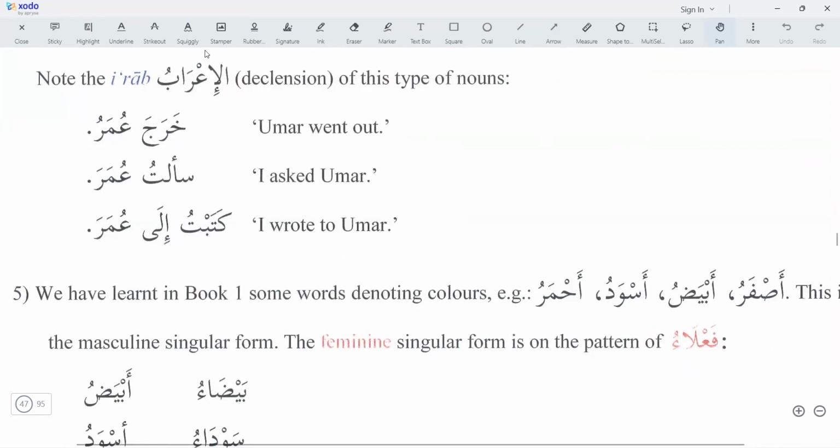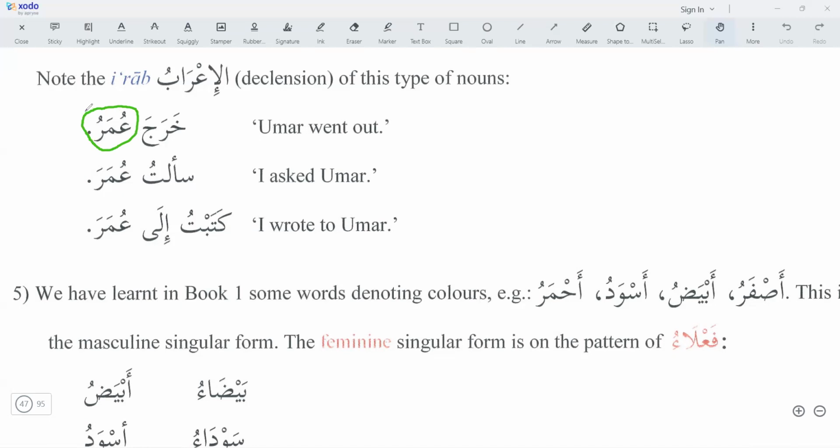Kharaja Umaru. Umaru is a proper noun on the pattern of fu'alu. Umar went out.